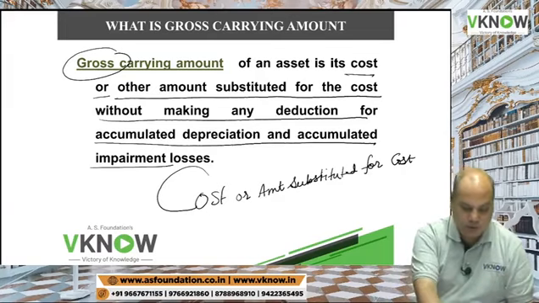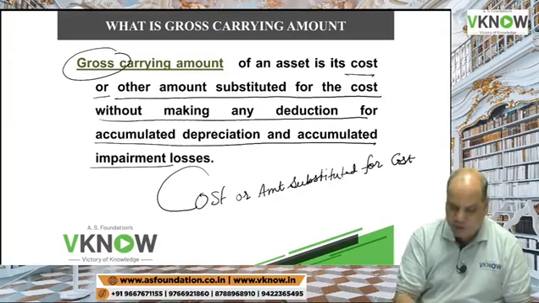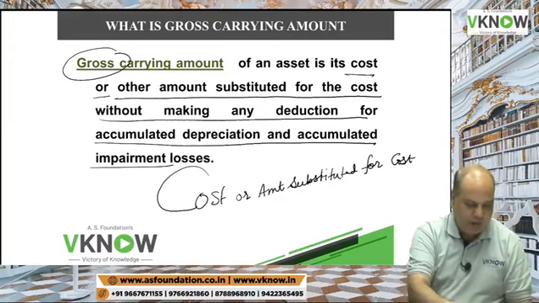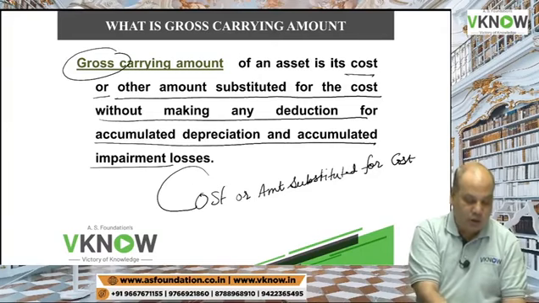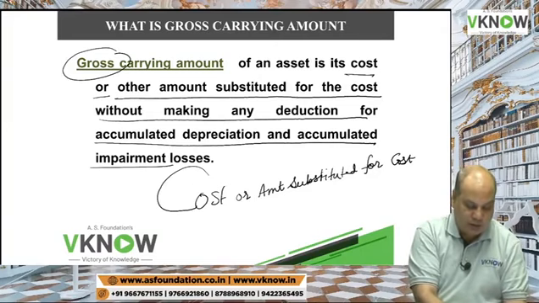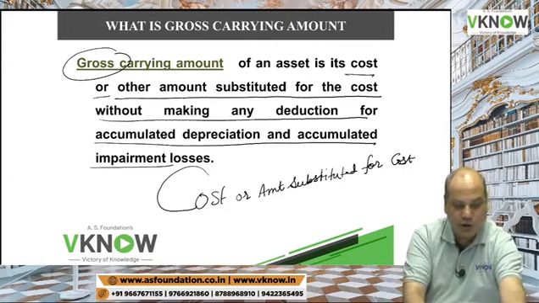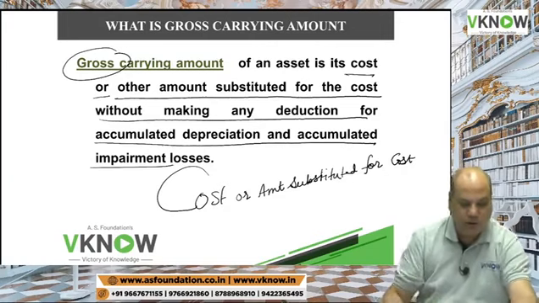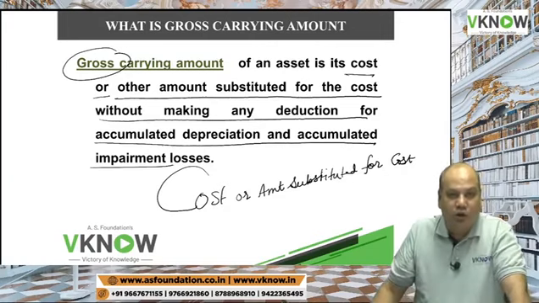Is it right? If you deduct depreciation and impairment loss, then we will call it carrying amount, net carrying amount. If you do not deduct depreciation and impairment, then we will call it gross carrying amount.